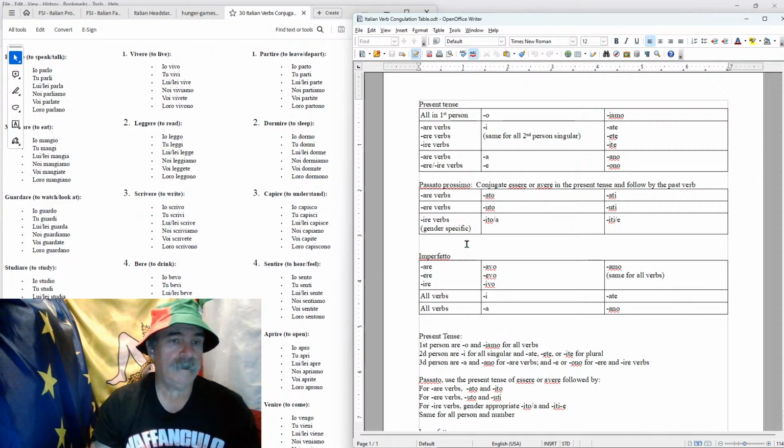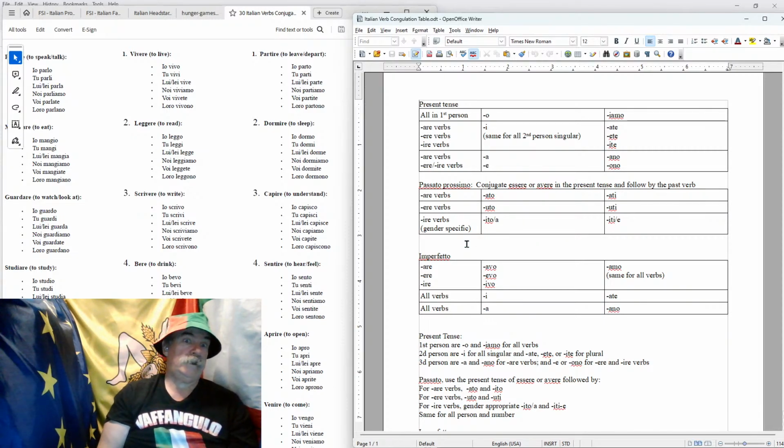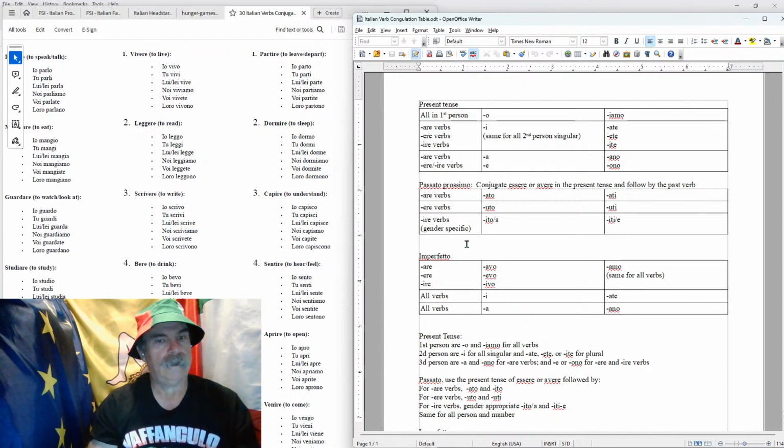Ieri ho mangiato verdura e pollo per cena, right, for dinner. Ieri ho leggiuto. Oh no, that would be letto because it's irregular in the past tense, right?